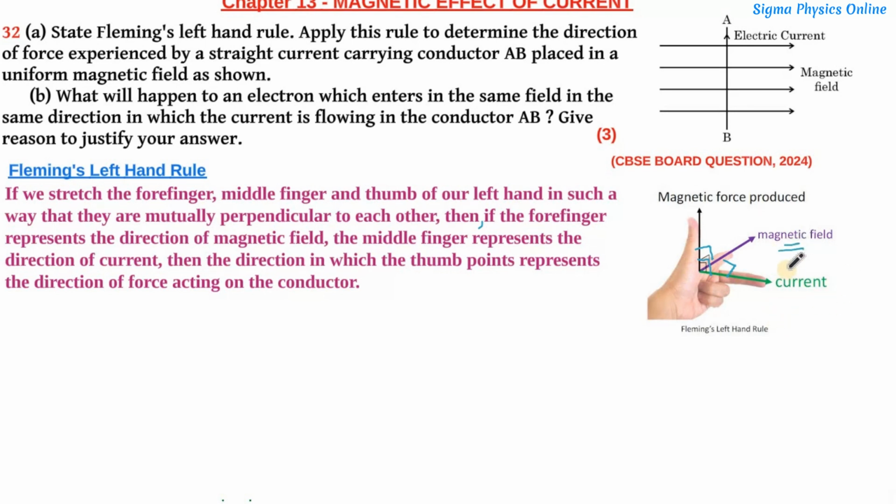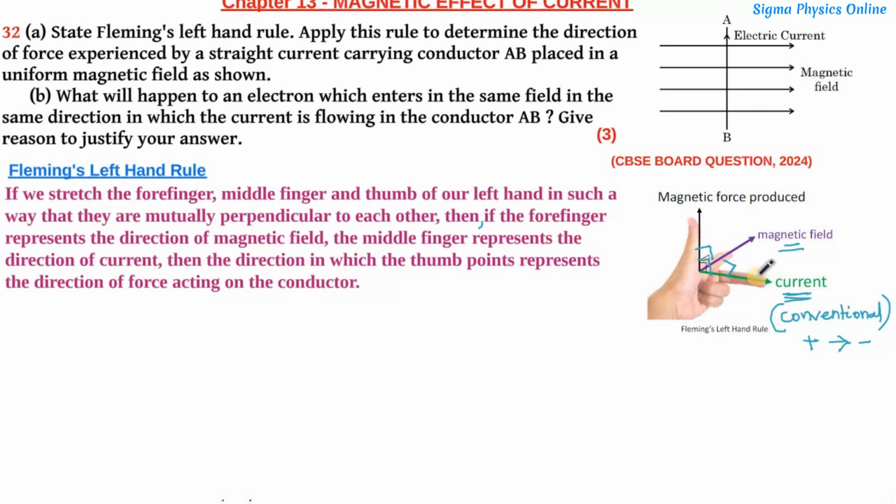So if the three fingers of our left hand are stretched in such a way, then if the forefinger represents the magnetic field and if the middle finger represents the direction of current flow, that is the direction in which the current is flowing. So the current which we are talking about here is the conventional current that flows from the positive terminal to the negative terminal, and not the electronic current which is due to the flow of the electrons, that is flowing from the negative terminal to positive terminal.